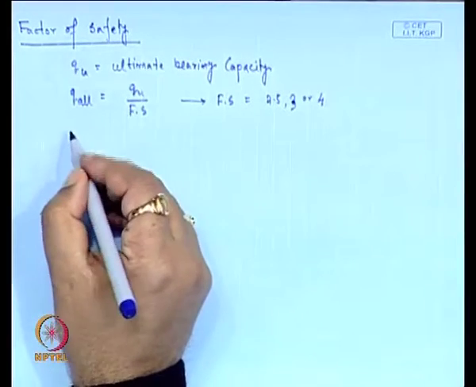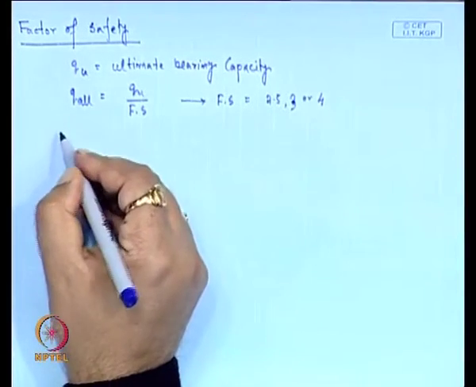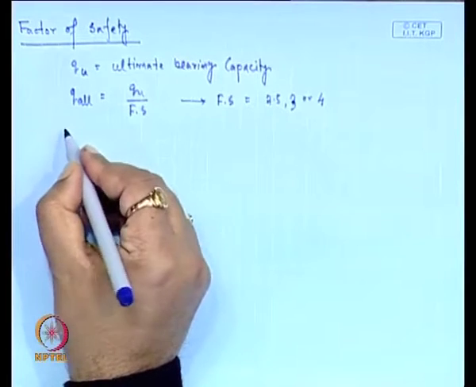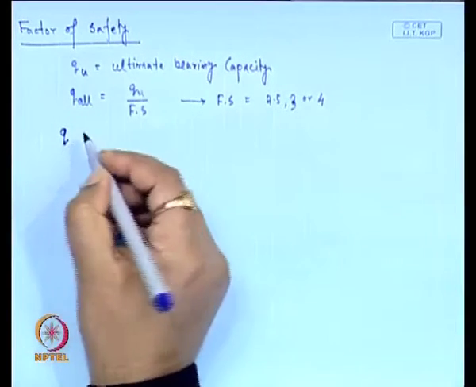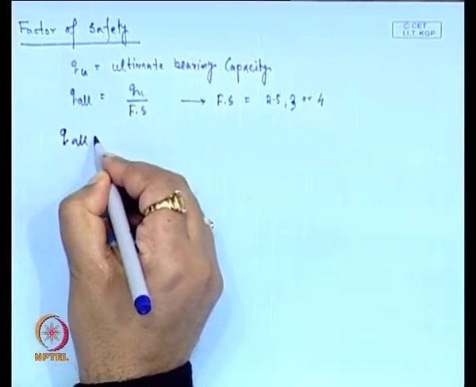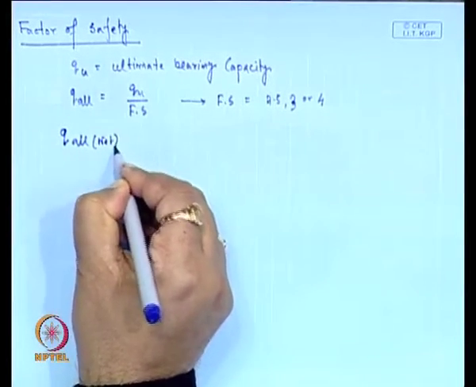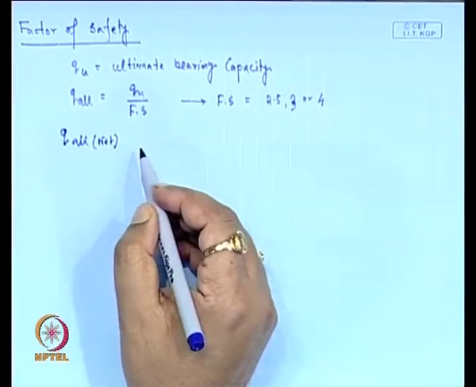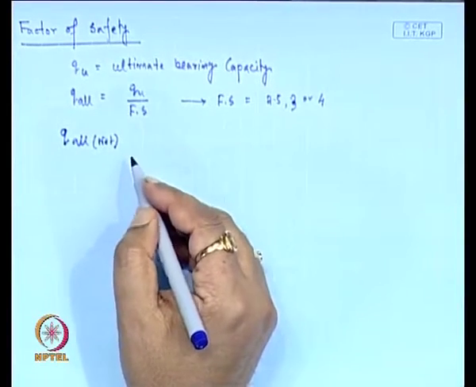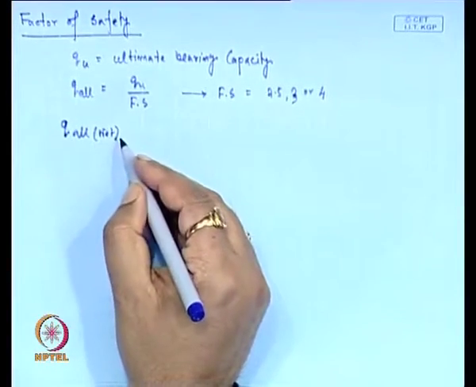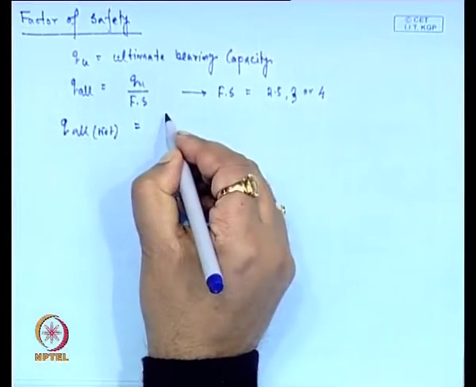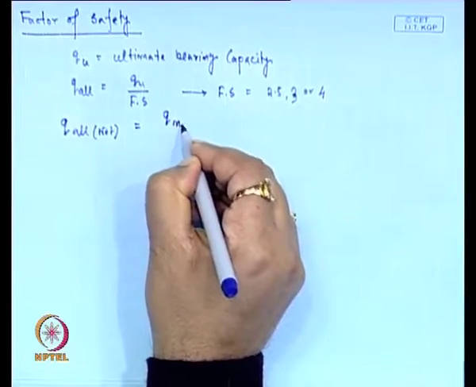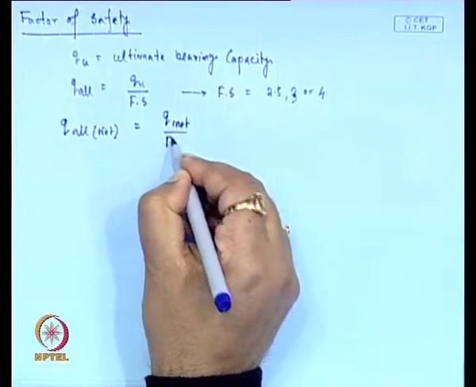Now, sometimes it is recommended that we apply the net allowable bearing capacity of the soil. That means Q allowable net, because in practice in some cases this net allowable bearing capacity is used. In that case it will be Q net divided by factor of safety.